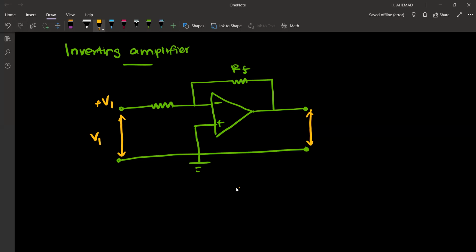So the input between these two terminals is going to be V1. Let's say this resistor is Ri, the input resistor.